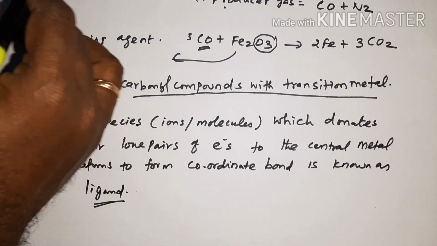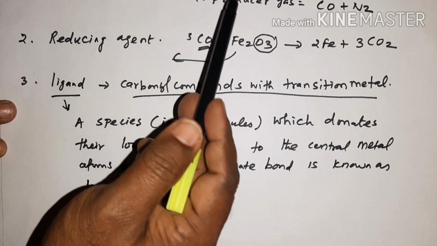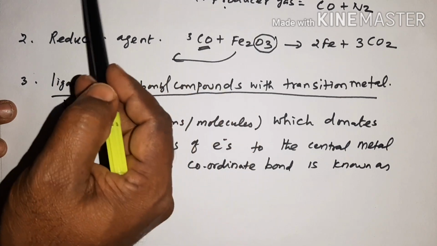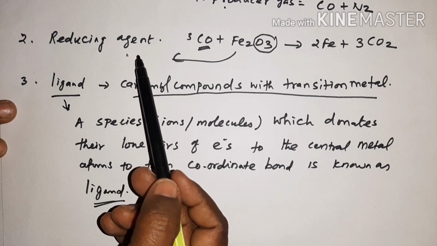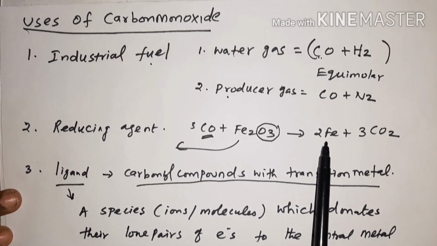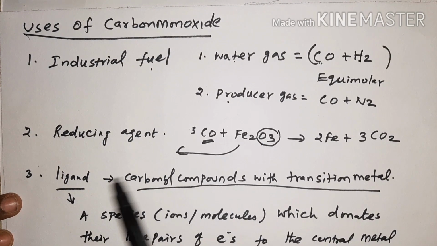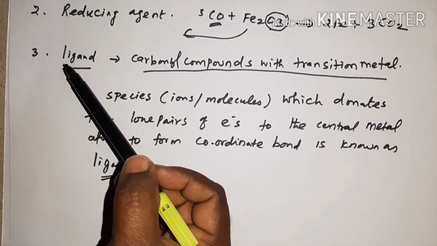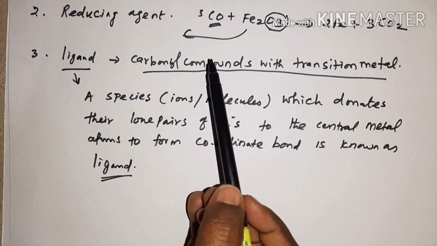Okay, so these are the uses of carbon monoxide. One is industrial fuel. There are two types of gas, one is water gas, another one is producer gas. These two gases are used as industrial fuel. Then it is used as a reducing agent, mainly in the manufacture and extraction of metals. It reduces their oxides. Then third use, it is forming carbonyl compounds with the transition metals.